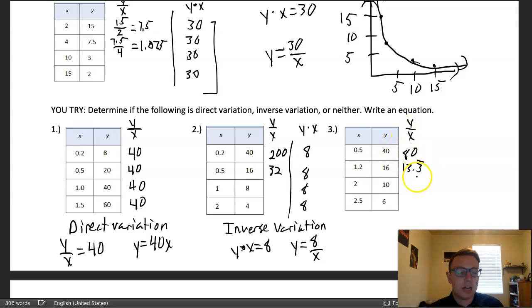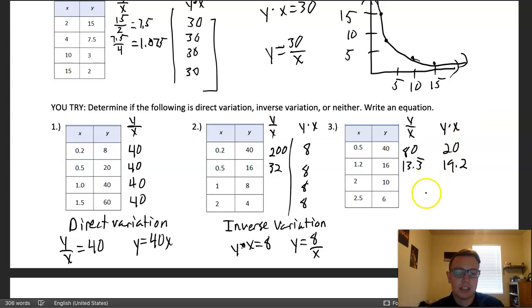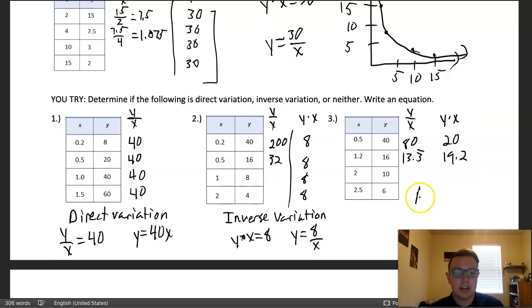So we know it's not y divided by x. Let's try y times x. What's 0.5 times 40? That's going to give us 20. What about 1.2 times 16? That gives us 19.2. So neither dividing nor multiplying worked. That means that this is neither.